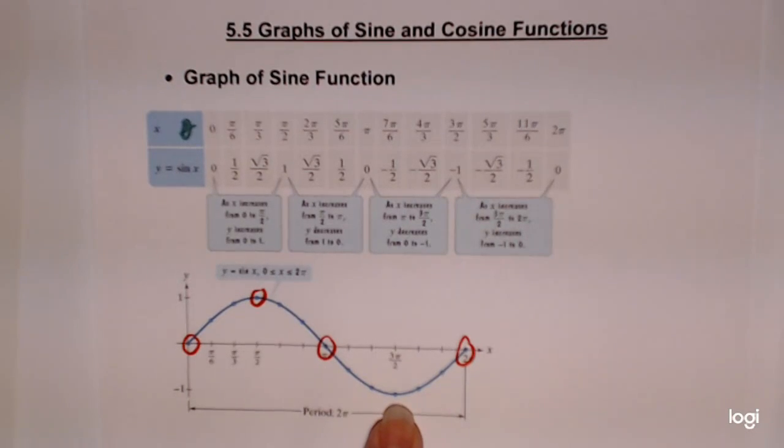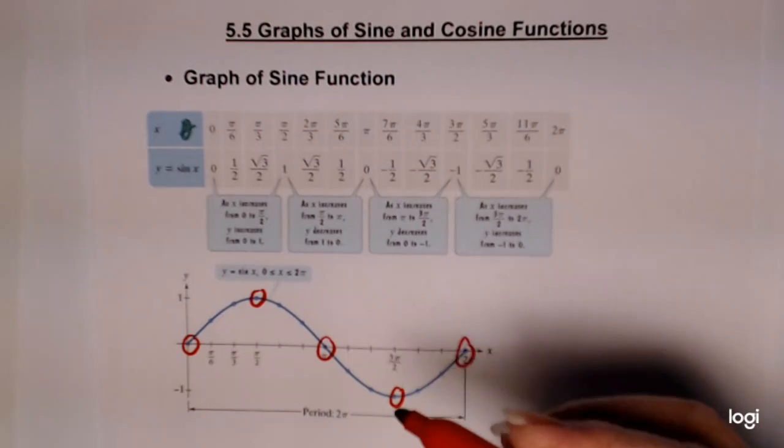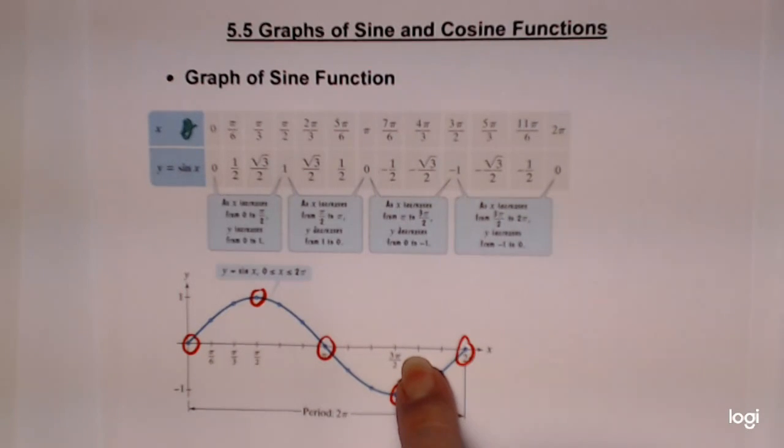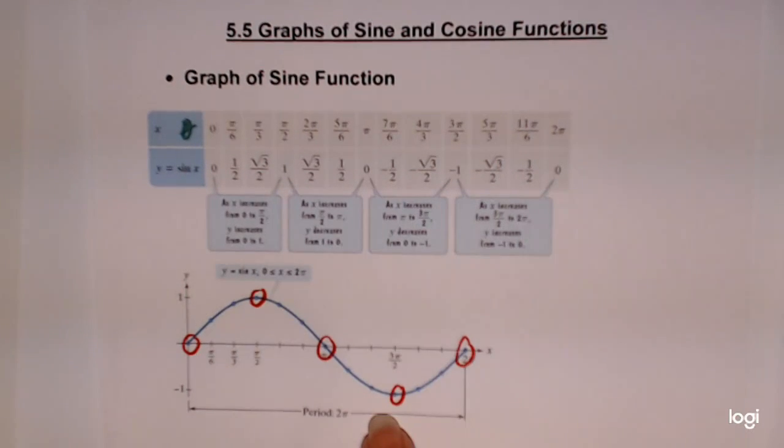And then the minimum here, which is -1, occurs at 3 pi over 2 or 270. So when we graph our sine function, we're going to be looking at graphing 5 key values, 3 intercepts, 1 max, and 1 min, and then we're going to sketch in the graph to connect these dots.